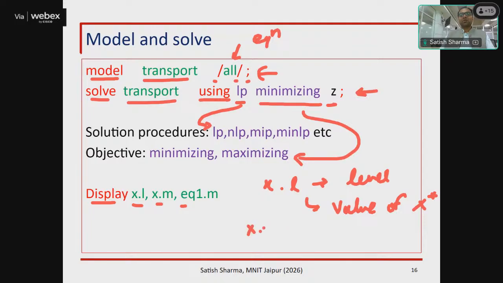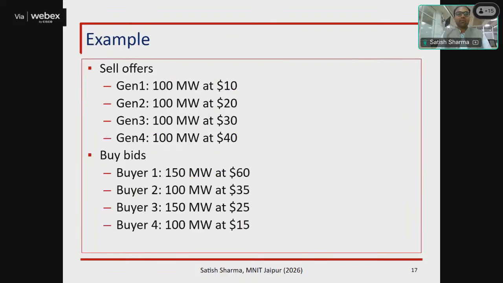If I write x dot m, it means the dual of x. So what is the value of the dual variable of x? These are the lambda and mu we discussed. Similarly, dot m represents the marginal value. Okay, x.l is the level value, x.m is the marginal value, and the marginal value is the dual variable.